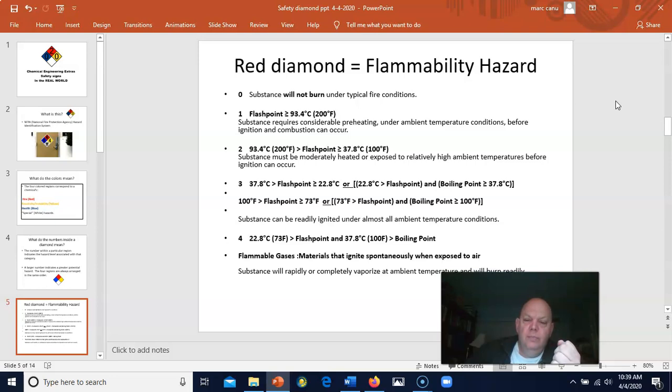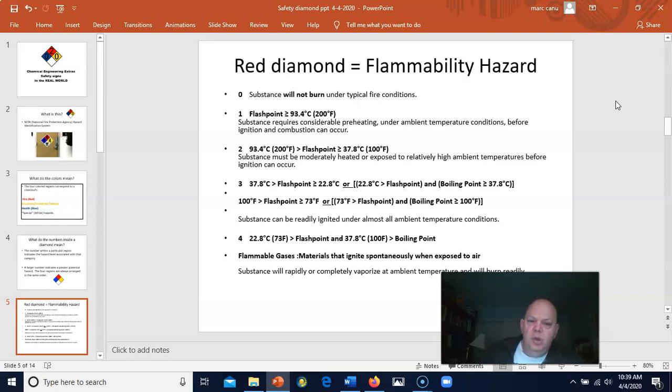When you look at level 3, they move it down again, where you're looking at a flash point between 37.8 Celsius and 22.8 Celsius. So what does that mean for Fahrenheit?